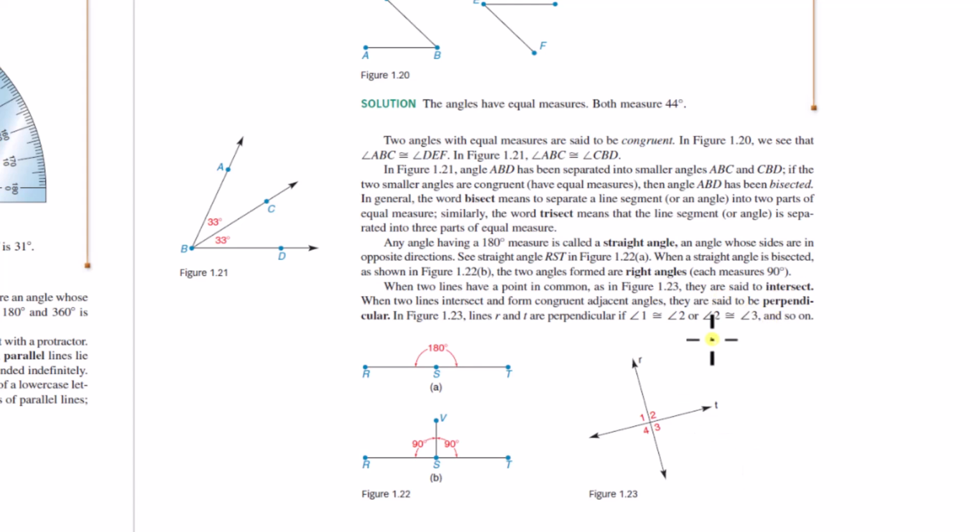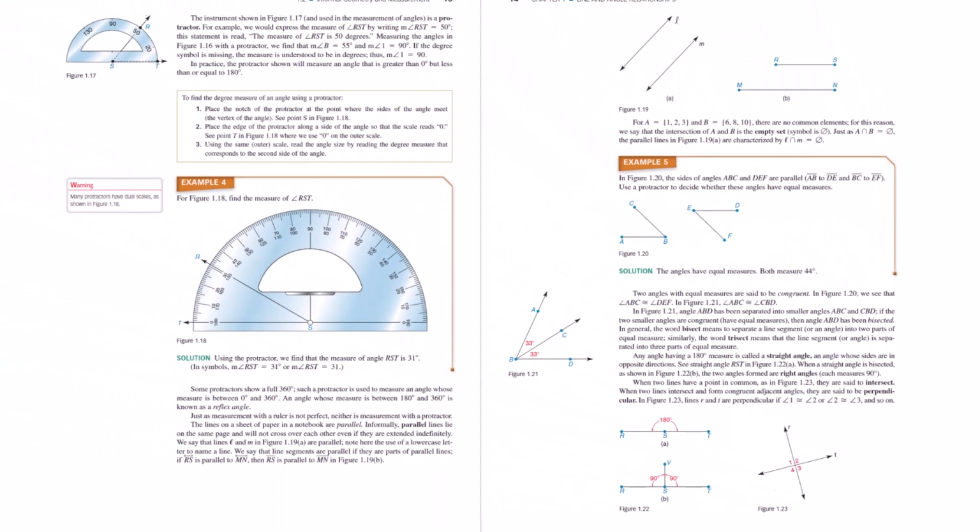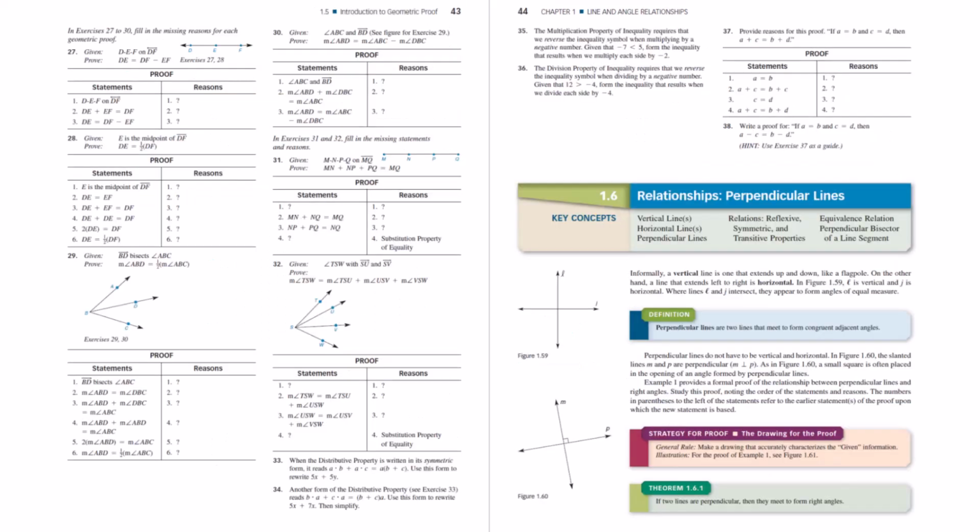And as a consequence, we're not officially stating this, but if two lines are perpendicular, then they form right angles, because the adjacent angles are supplementary. In that case, if they're equal in measure, they both have to be 90. So that's what we learned about the meaning of perpendicularity and straight and right angles previously.